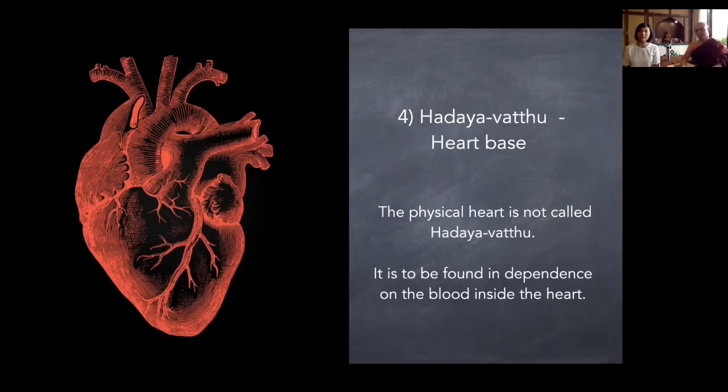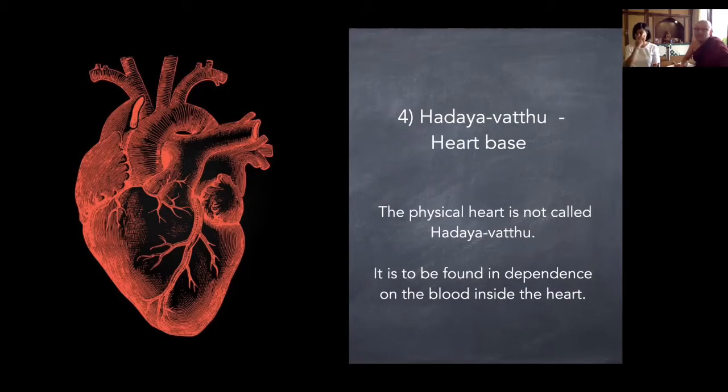It is some kind of material property that depends on the blood inside the heart. It's called Hadaya Vatthu. And as it has quite recently been discovered, there are neurons in the heart. There are some parts of the heart that actually have the ability to send direct information to whatever is related to consciousness ultimately. There are some more interesting findings.